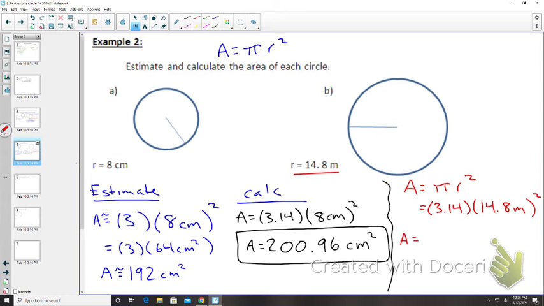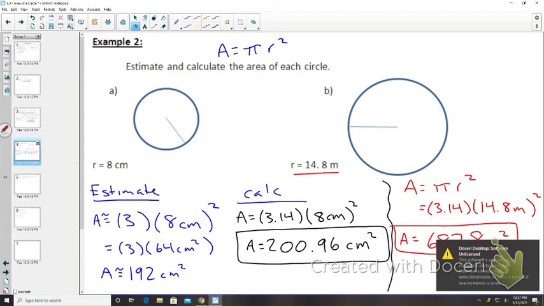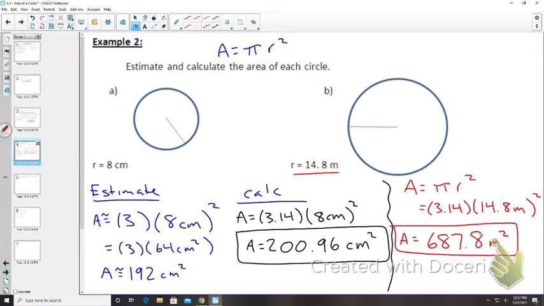Punch these into your calculator and you'll get an area, hopefully, of 687.8 square meters. All right, I think the hardest part about this topic so far is just going to be remembering to square our radius and make sure that is the only thing we square, okay?